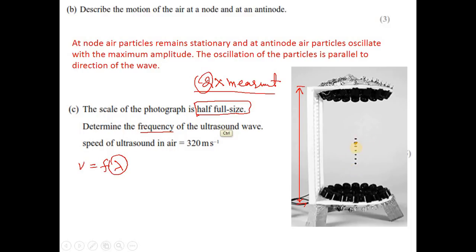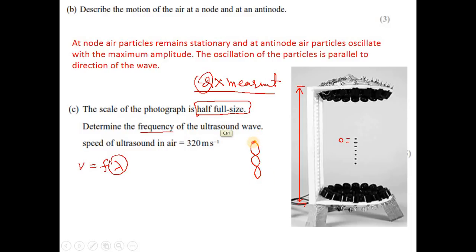You know that these dots are showing positions of nodes. That means you have formation of one loop here, something like this. I am showing you a diagram, something like this. That's what is happening here.